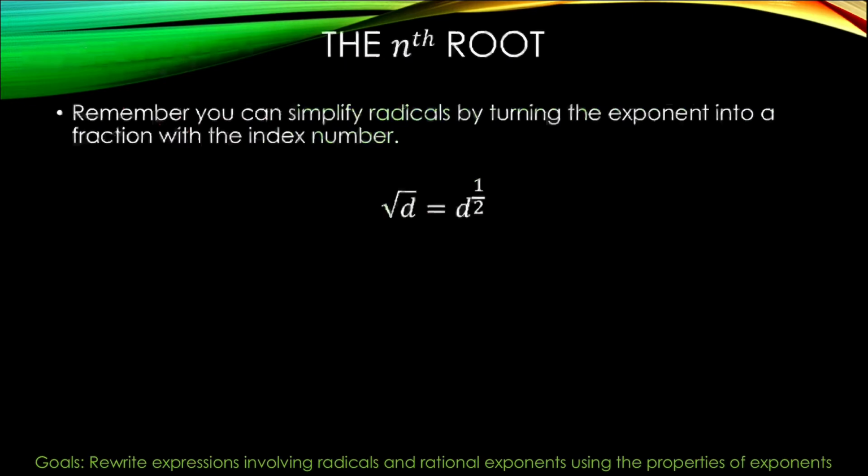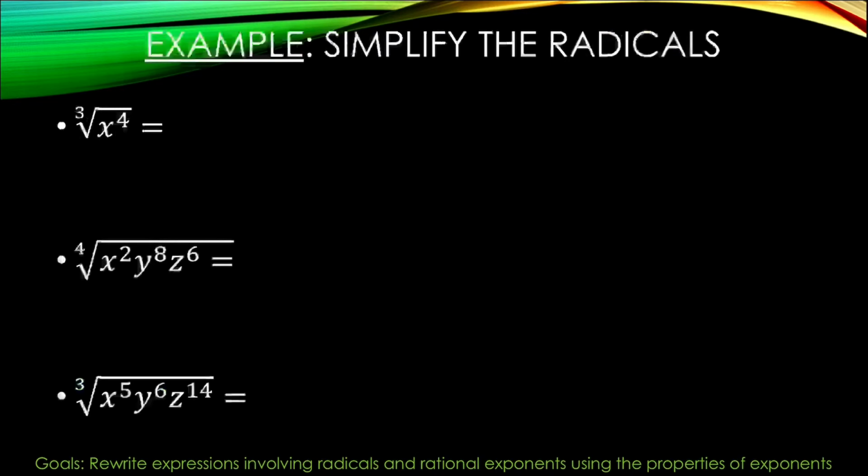All right, the nth root. Remember, we can simplify radicals by turning the exponent into a fraction with an index number. Notice my 1 right here, my exponent, comes up top. My index number is the number on the bottom of my exponent. So let's look at this.